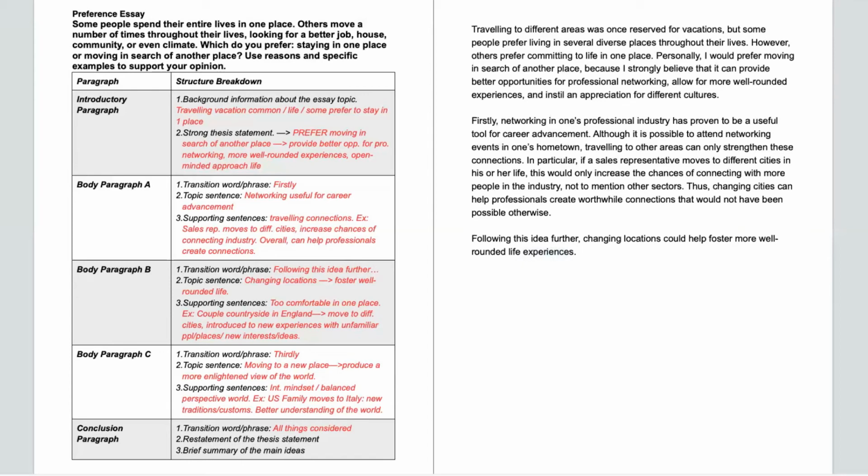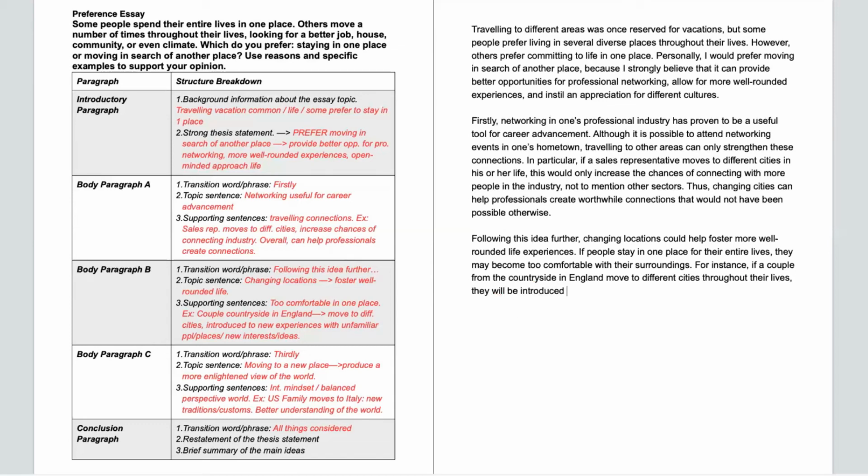I'm going to explain this and say, if people stay in one place for their entire lives, they may become too comfortable with their surroundings. And I'll give my example. For instance, if a couple from the countryside in England move to different cities throughout their lives, they will be introduced to brand new experiences while creating a more well-rounded lifestyle, complete with unfamiliar places and people.